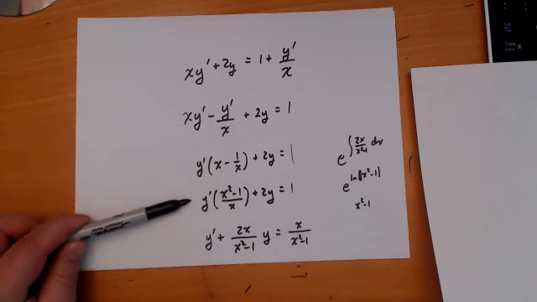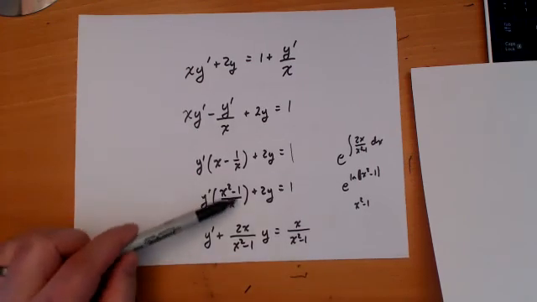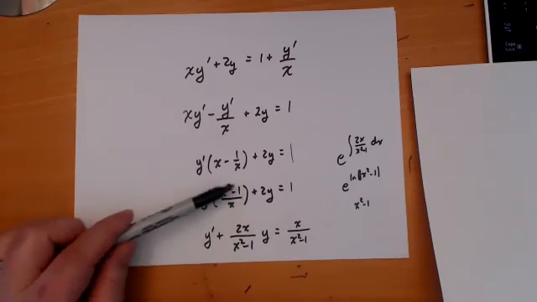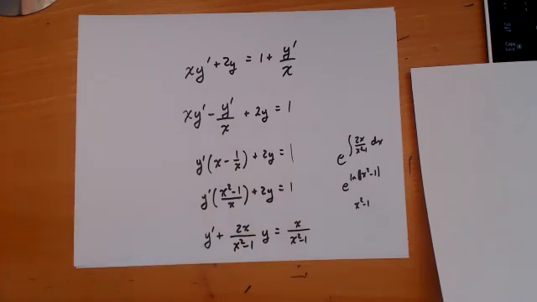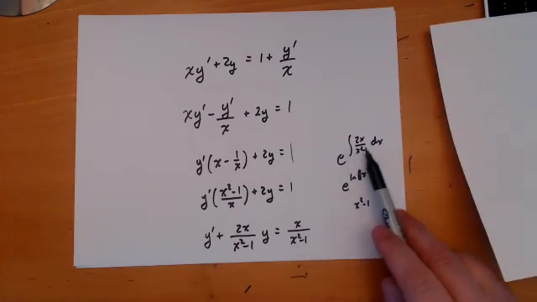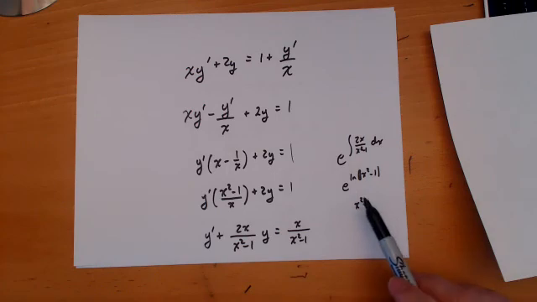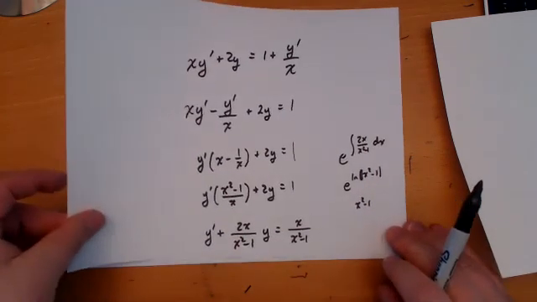I divided everyone by this. And this is a straight u sub. And then multiplying that to everybody.